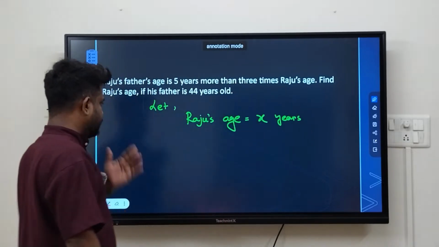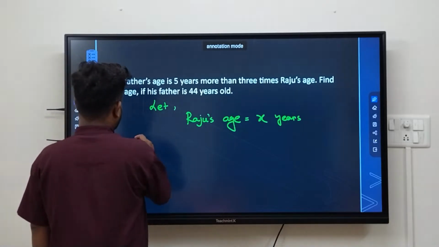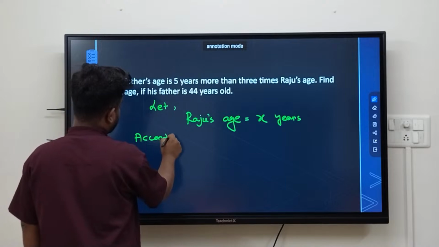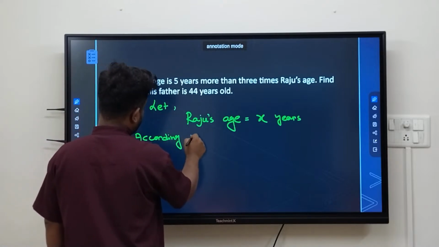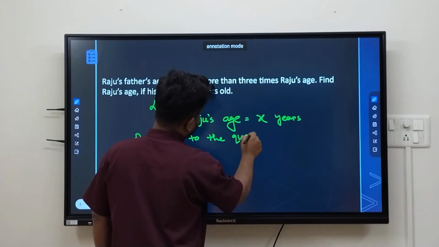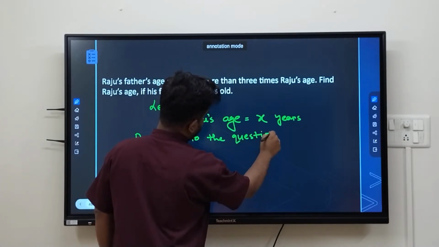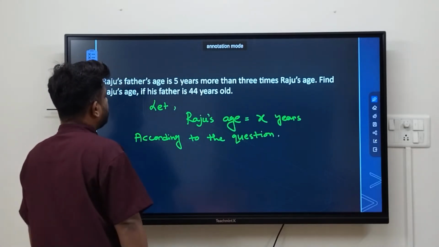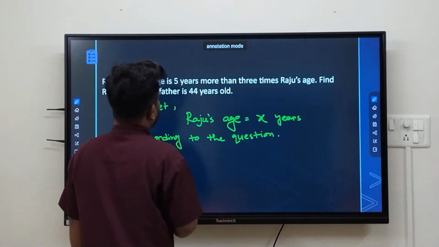Let Raju's age be x years. Okay, according to the given condition, or according to the question, whichever you want to write, you can write this.